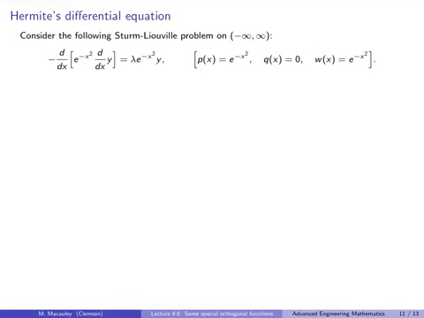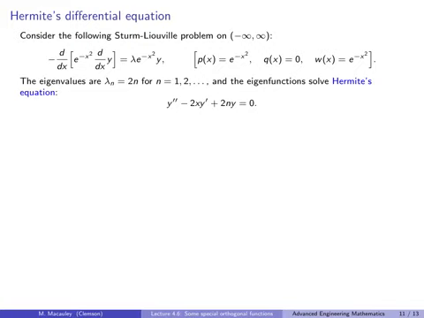So the ODE is negative d/dx of the quantity e to the negative x squared times dy/dx equals lambda e to the negative x squared y. So here, p of x is e to the negative x squared, q of x once again is 0, and the weighting function w of x is e to the minus x squared.